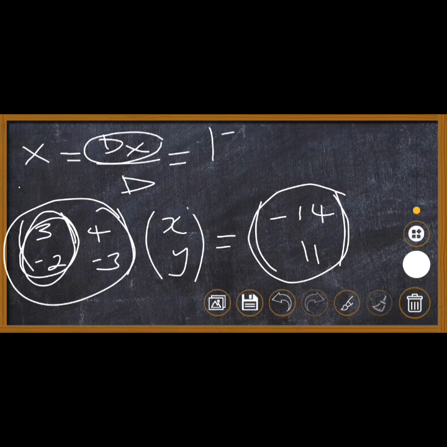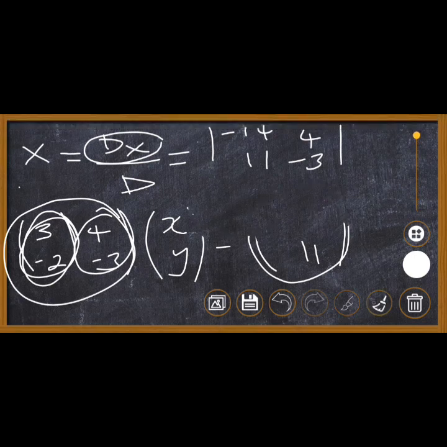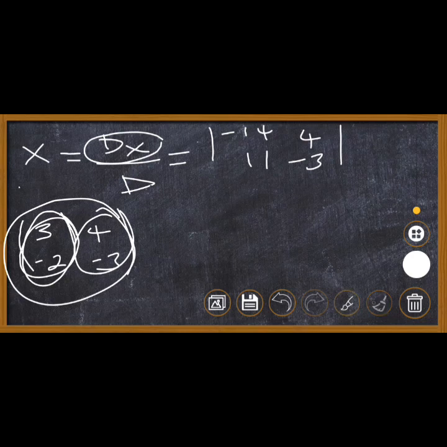So you're going to have negative 14, 11, and then you write whatever you have here, that is 4 and negative 3. Hopefully you have copied this somewhere so that you don't get confused. After you are done with that part, you divide by the same expression for the general matrix that you had, which was 3, negative 2, and then 4, negative 3.